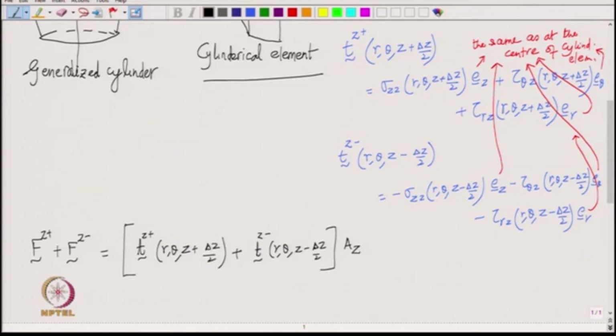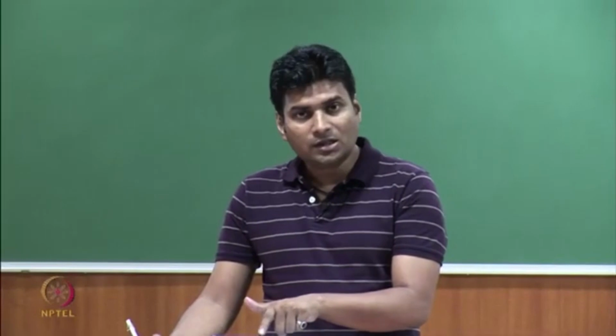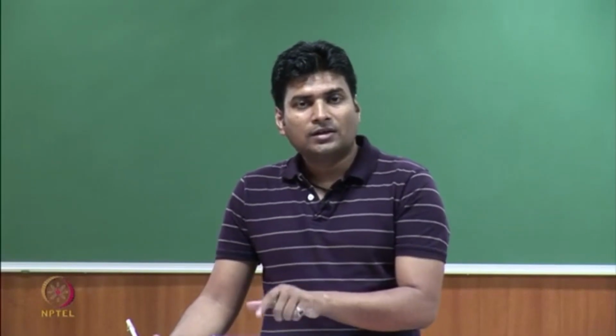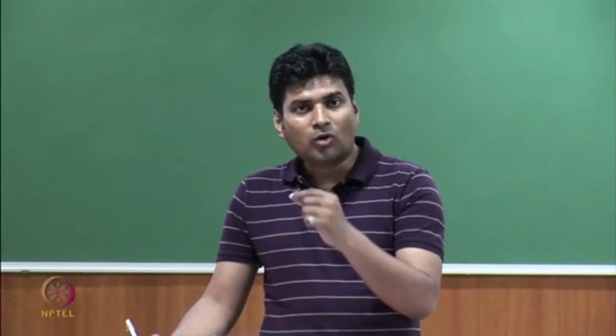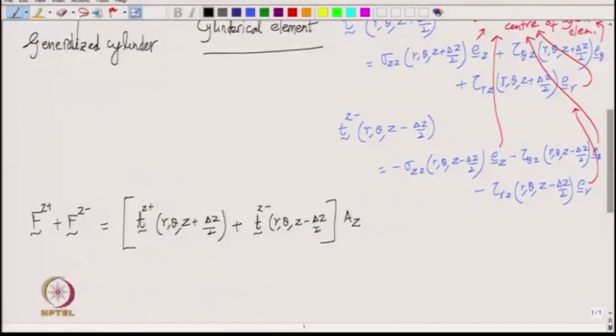Now, we should think of doing the Taylor expansion of T z plus and T z minus. But notice the way T z plus is written, the stress components are changing only due to change in the z coordinate. Furthermore, the basis vectors have not changed here. So, when you do the Taylor's expansion, you only get the change due to change in z coordinate.